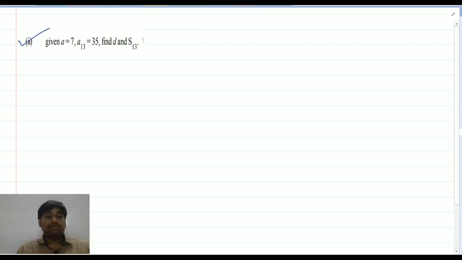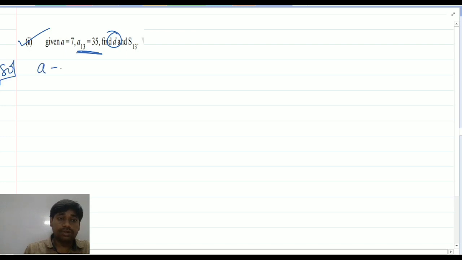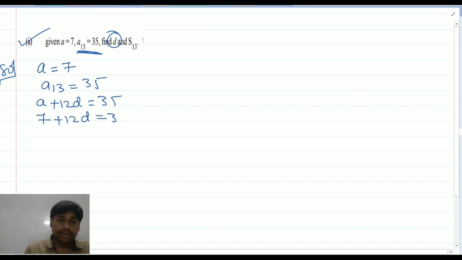The first term is given and the 13th term is also given. We can calculate with the help of this data. Then the sum of 13 terms we can calculate by the first and last term formula, right? So the solution is: a is equal to 7. a13 is equal to 35, which means a plus 12d is equal to 35. 7 plus 12d is equal to 35.